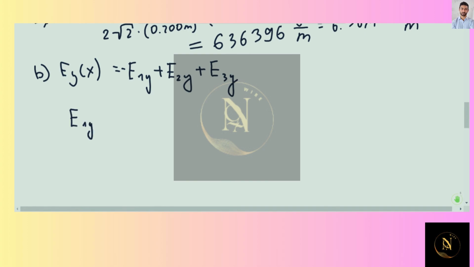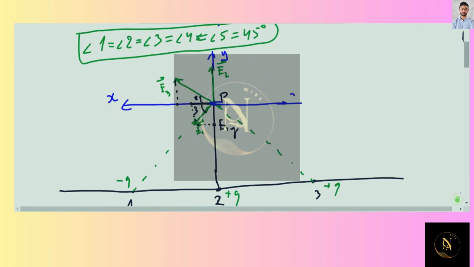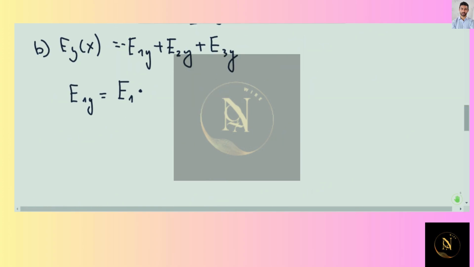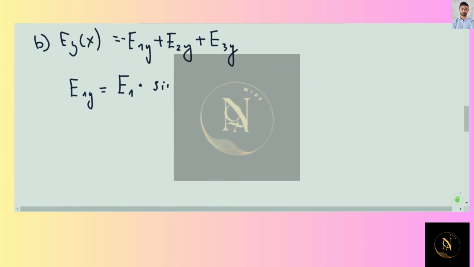Now let's calculate these components. E1y equals E1 multiplied by sine of angle 3, which is E1 multiplied by sine of 45 degrees, or E1 over square root of 2.